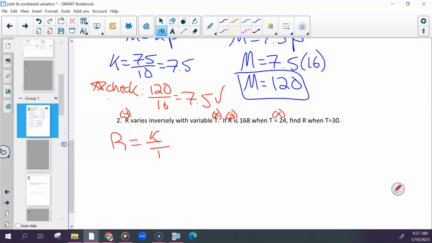Now that we are dealing with inverse, mindset on inverse, our k, we are now multiplying 168 and 24. Multiply those, tell me what you get.